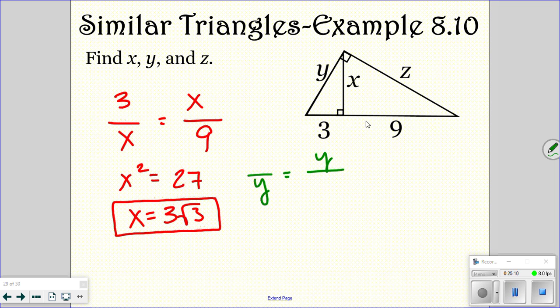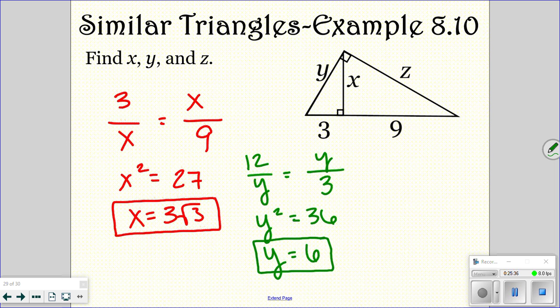So the whole length of the hypotenuse is 12, and it can go here or here. It doesn't matter. And then the part of the hypotenuse that is closest to it is 3. So again, 3 and 12 could switch places. And then you just cross multiply. Y squared equals 36. Take the square root of 36, and that gives you 6 for your y value.